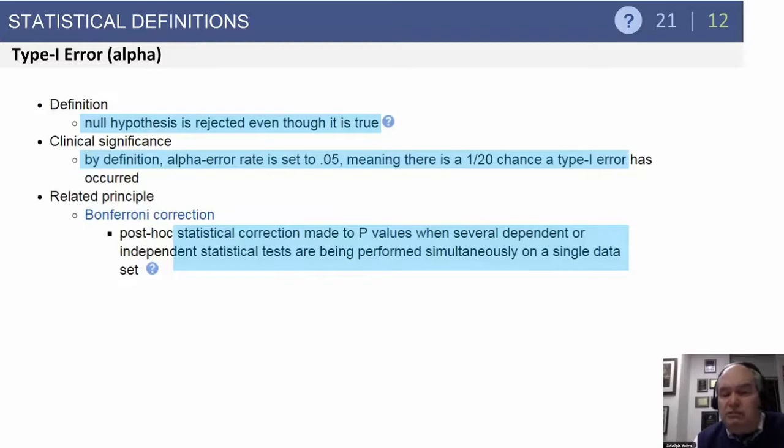That's a fundamental definition, and this would mean that the study has discovered something from the effect that really shouldn't have been accepted. Buzzword coming up: Bonferroni correction. You don't have to think too hard about this, other than to remember that it's a statistical correction. It's actually a simple formula, and it's made to the p-values when there are multiple tests being run on the single set of data.